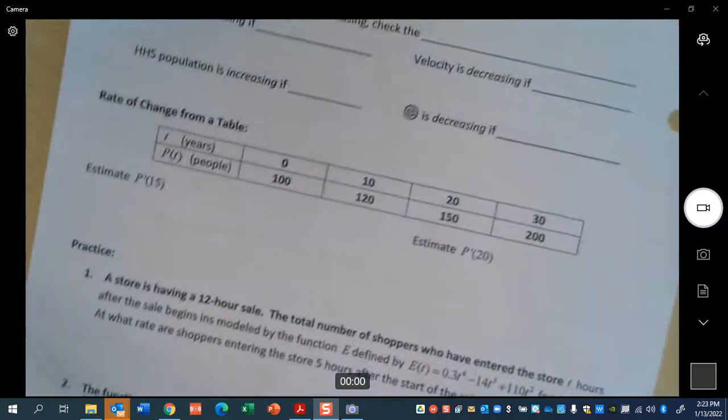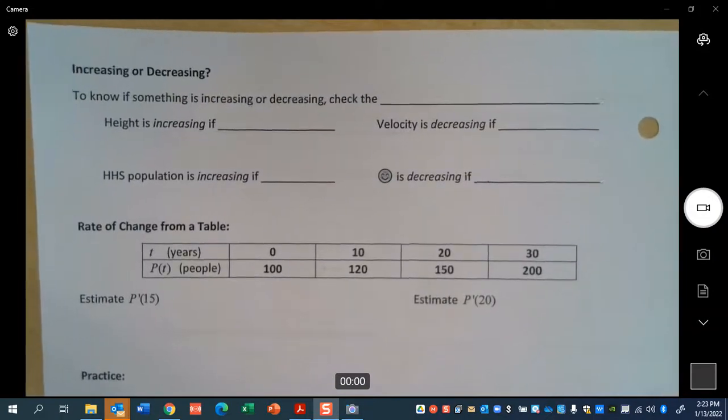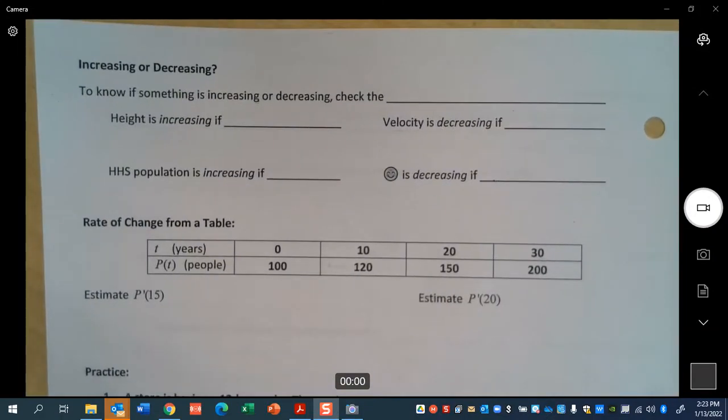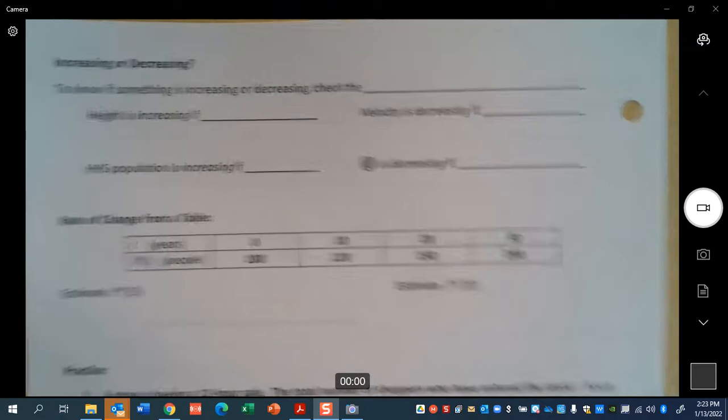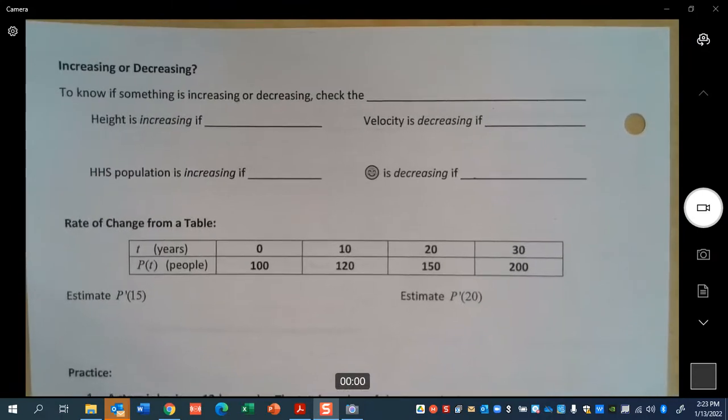Okay. So we need to start paying attention to whether our rate of change is increasing or decreasing. And that totally has to do with whether or not that derivative is positive or negative.